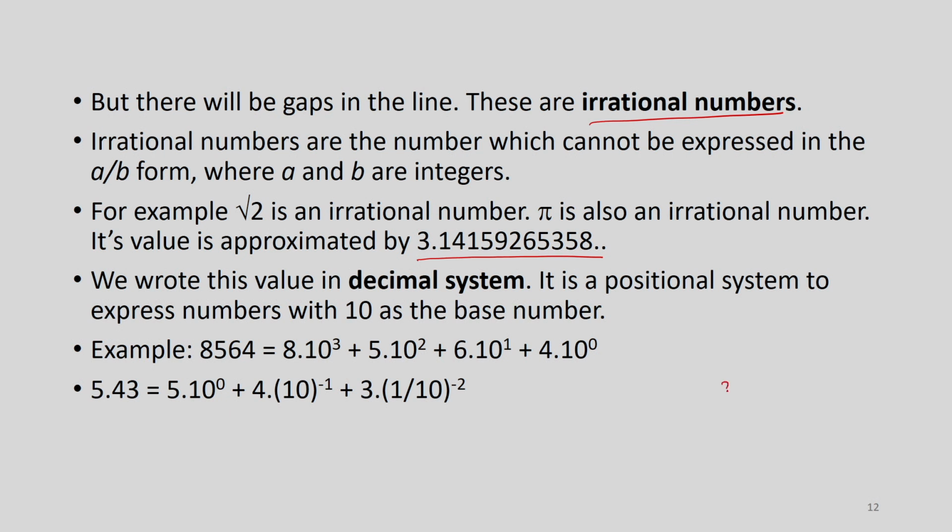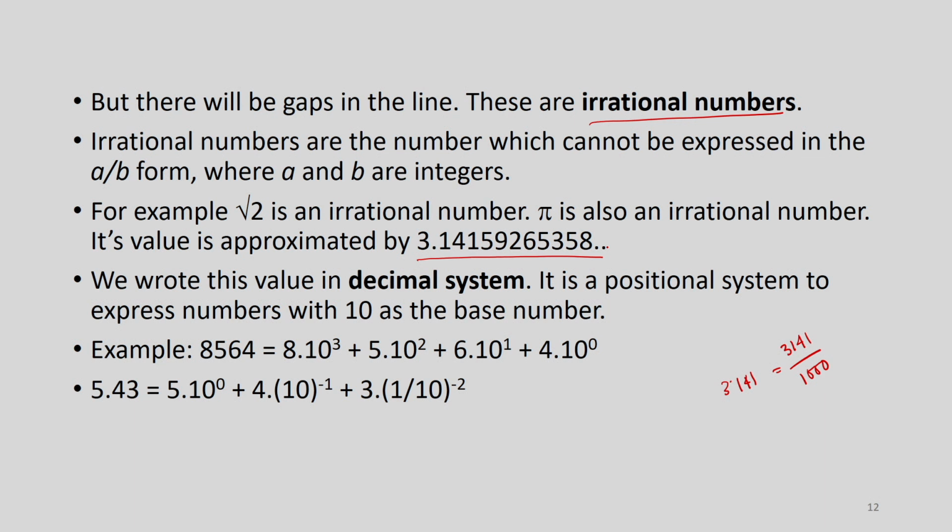If it had been 3.141, suppose it stopped there, then I could have written this as 3141 divided by 1000, and here 3141 is an integer, 1000 is an integer. So, it is a rational number, end of story. But here it is not stopping anywhere, right, it is going on like that. So, if it is going on, I cannot write it in this form, a divided by b form.